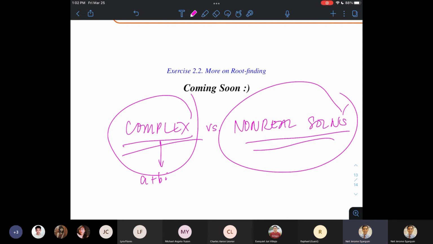Okay? Non-real numbers are of the form a plus bi, where b is not equal to 0. So that's probably the big comment. It's a problem of semantics, but be careful. We need to be a little bit, what do you call this? Precise in our language. Okay?